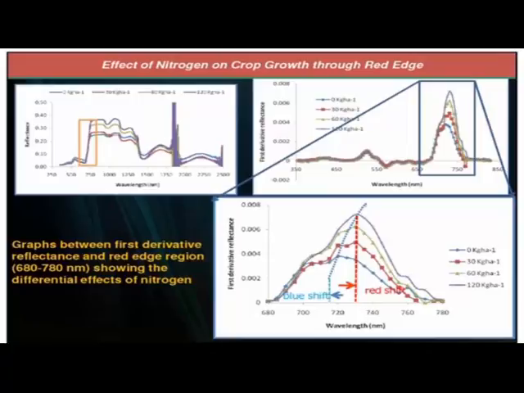You can't see anything visibly different with respect to these treatments. But when you take the first derivative, as I discussed yesterday, a mathematical transformation of how much the reflectance changes with a little change in wavelength, that's what is given over here. The first derivative of reflectance is nothing but del R divided by del lambda.